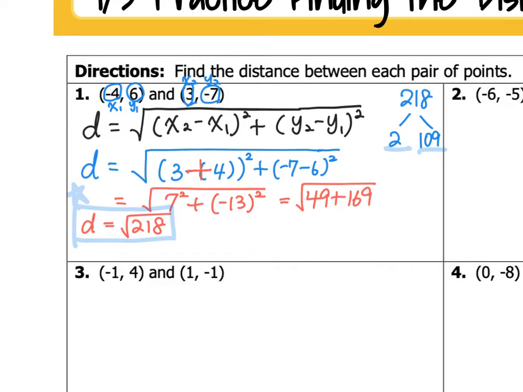If they want us to write the answer as an estimate, let's see, nearest to the tenth place, then put it into the calculator and you will get 14.76. However, we only need to write to the tenth place.